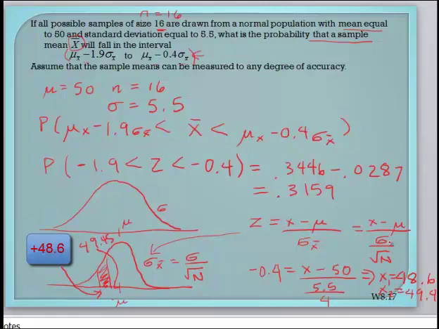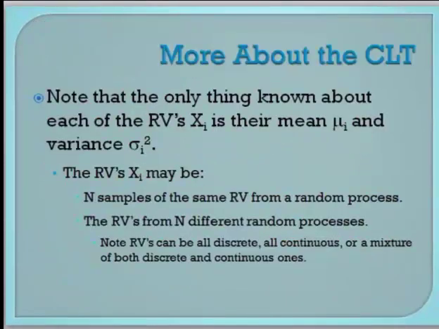Remember, when we're talking about the sample means, we are talking about the standard deviation divided by the square root of n. Now we know a little more from the central limit theorem: the only thing we would need to know about each of those random variables is their mean and their variance. The random variables may be n samples of the same random variable from a random process, or random variables from n different random processes.